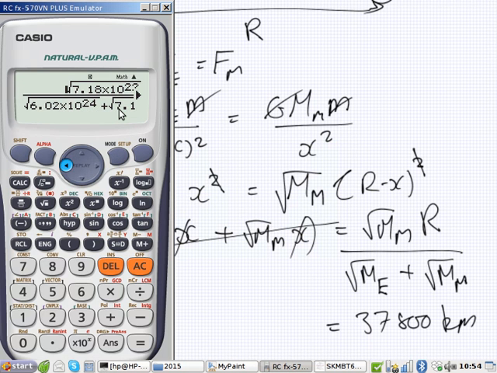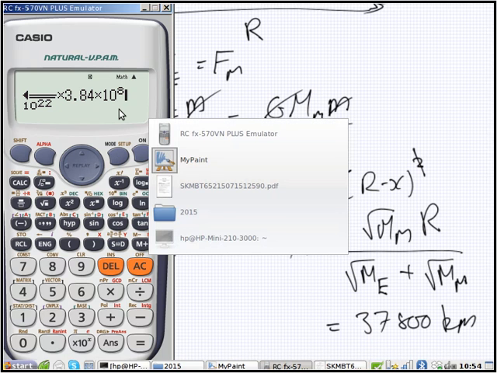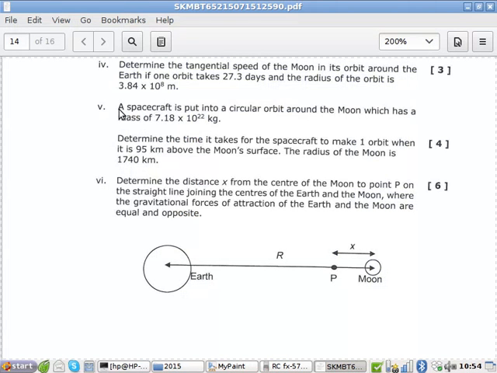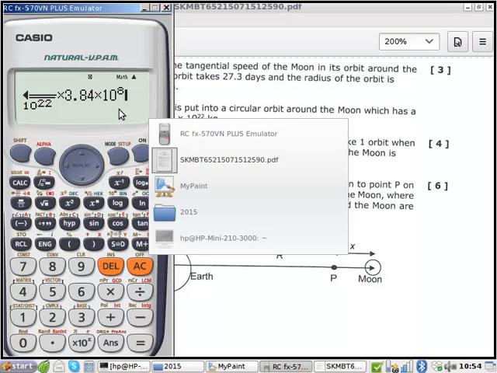That's there, that's there, that's there, that's there, and that's there. Looks like everything is in order. Oh wait, was that 10 to the 8 meters or kilometers? Jeepers, I hope it was meters. Yeah, it was. Okay, good. 6 marks.